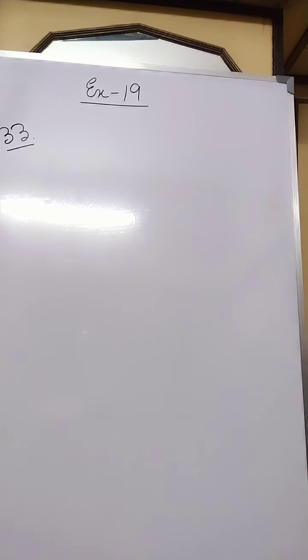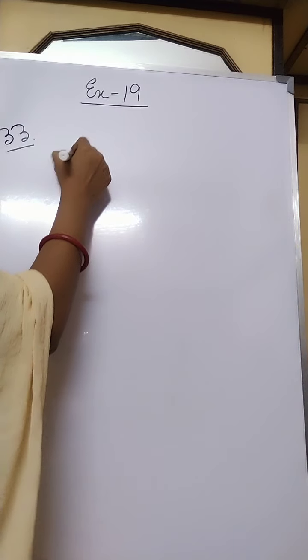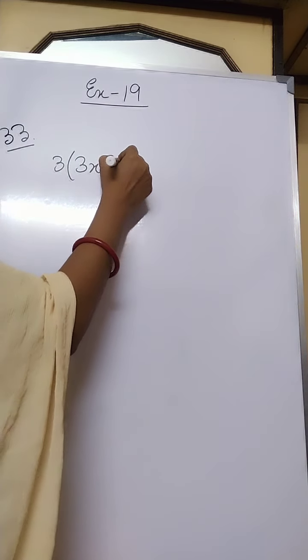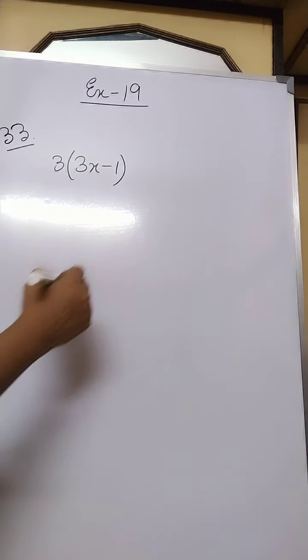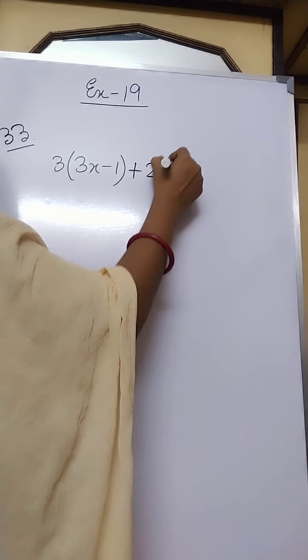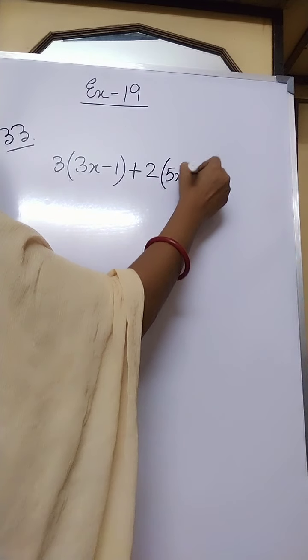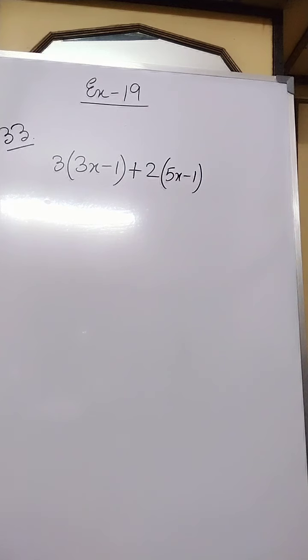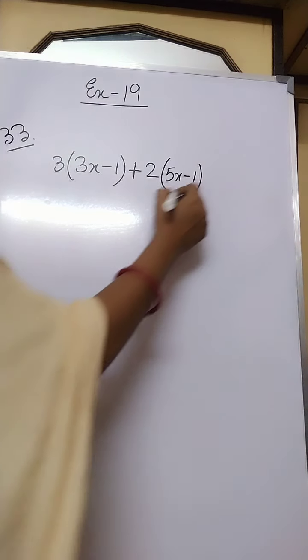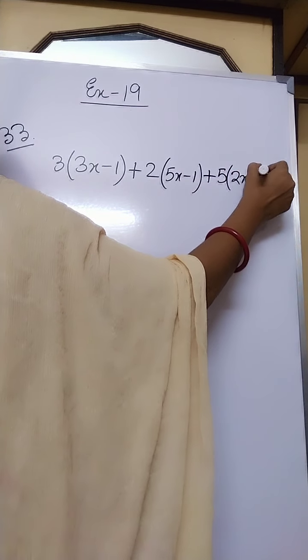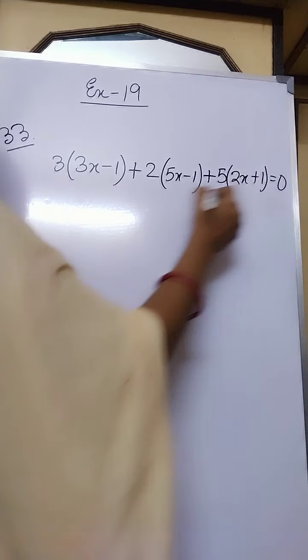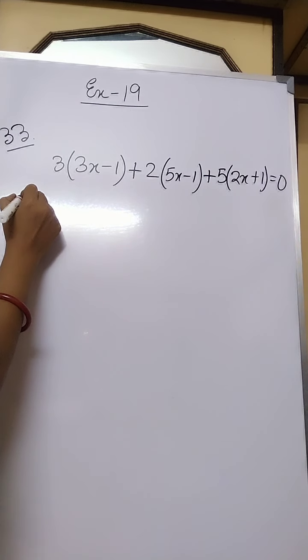Sum number 33 is given: 3 in bracket 3x minus 1, plus 2 in bracket 5x minus 1, plus 5 in bracket 2x plus 1, is equal to 0.